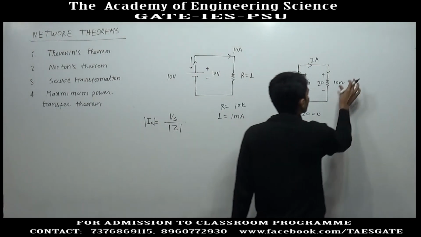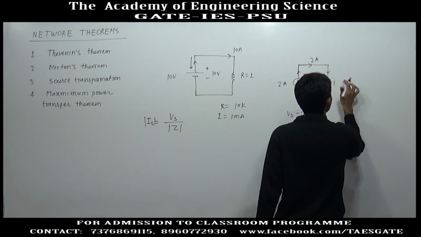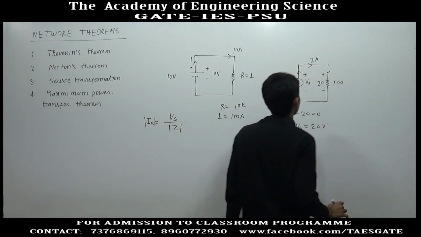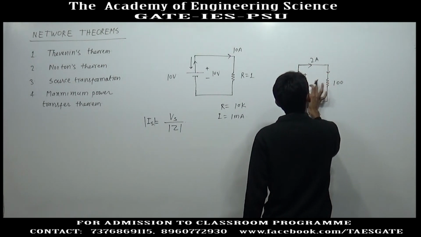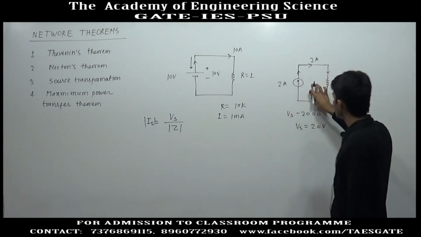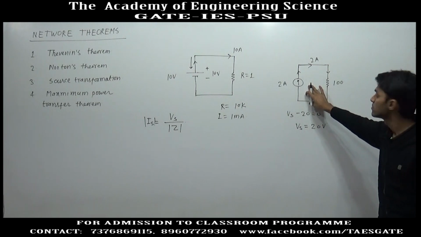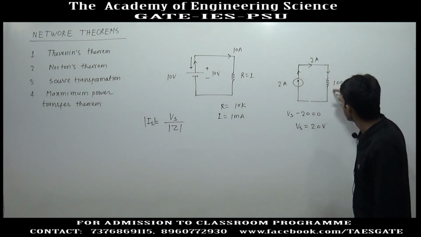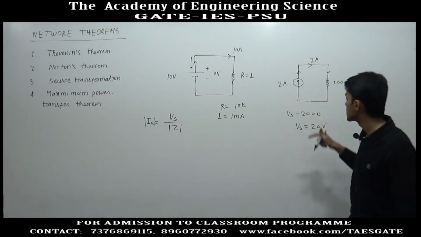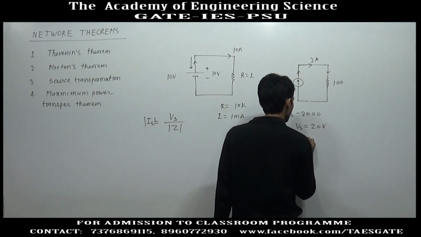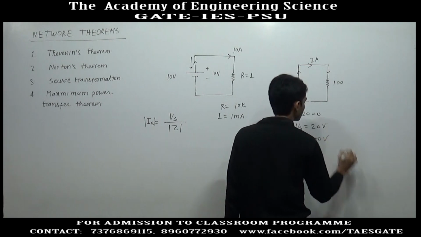If instead of this 10 ohm, I connect 100 ohm, since this is the ideal current source, it will again supply 2 ampere. Now the voltage across this resistance is 200 volt, and if we apply KVL, we get the voltage across the current source as 200 volt.